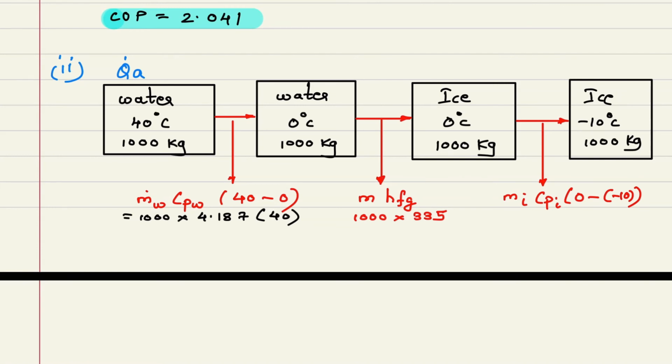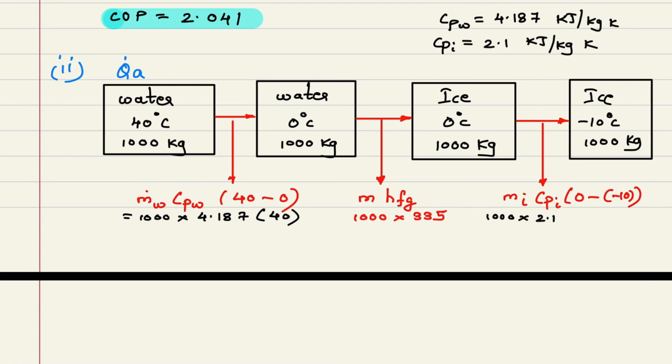Now mass of ice is 1000. You have to remember Cp of ice; if it is not given, you have to assume 2.1 kilojoule per kg Kelvin. Cp of water, we have to assume 4.187 kilojoule per kg Kelvin.